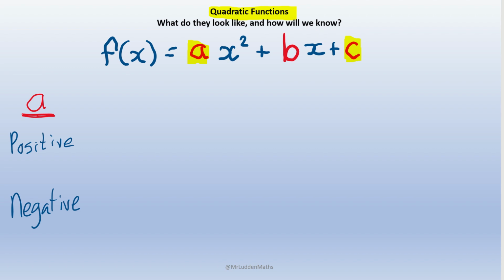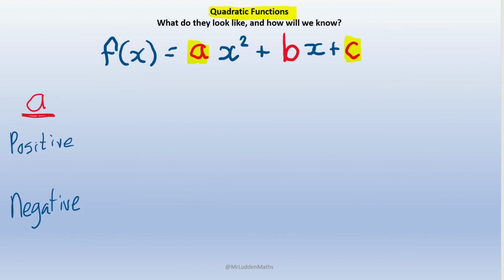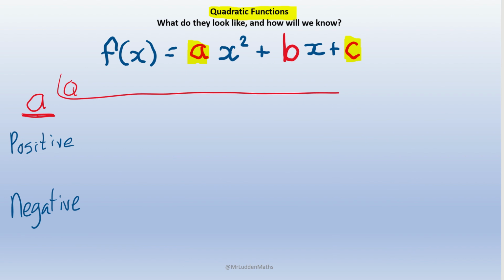I suppose just before I do that, seeing as I started off my linear one with this fact, if the highest power of x is x to the 1, then what I should be saying first of all is that for a quadratic, the highest power of x is 2.